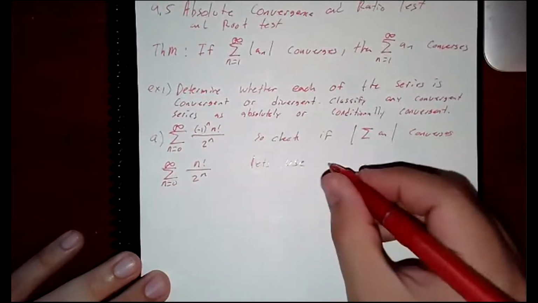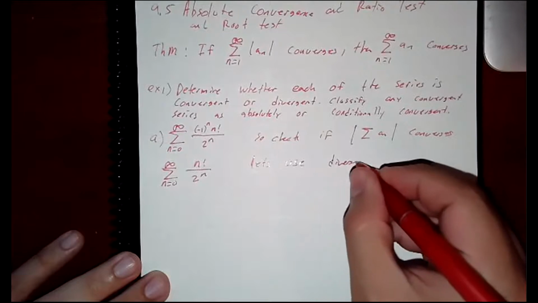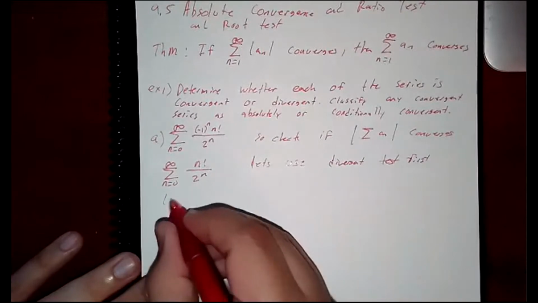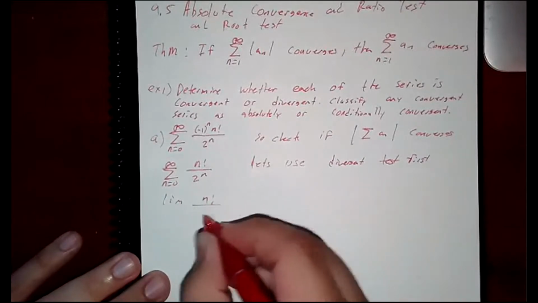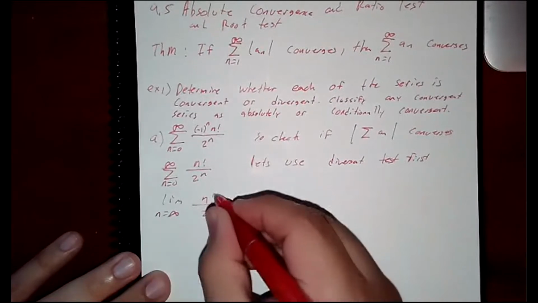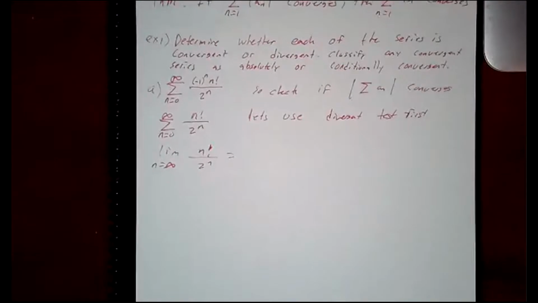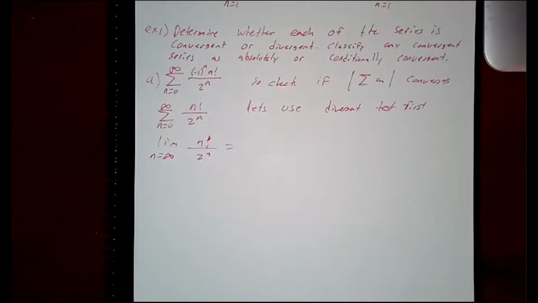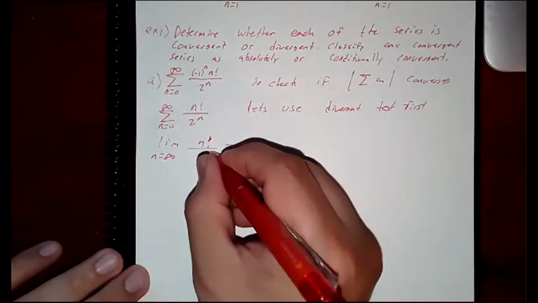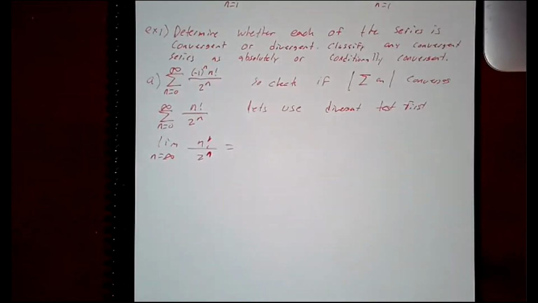Let's use the divergence test first. So the limit of n factorial over 2 to the n, what is that limit? What's faster, n factorial or 2 to the n, when it comes to growth? 2 to the n.